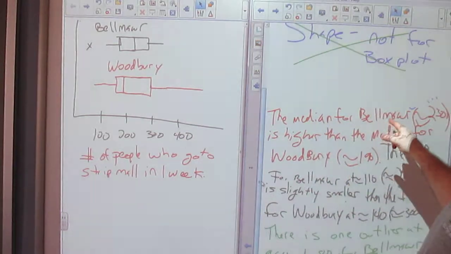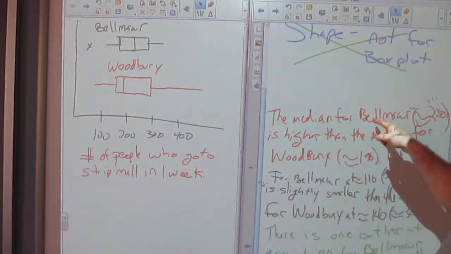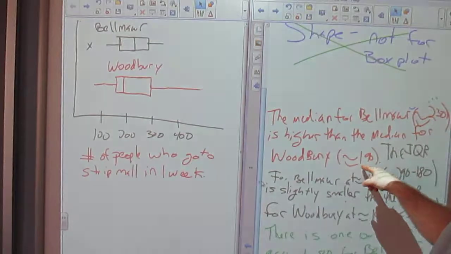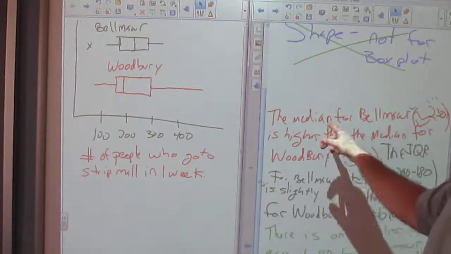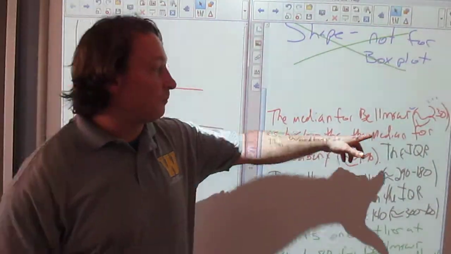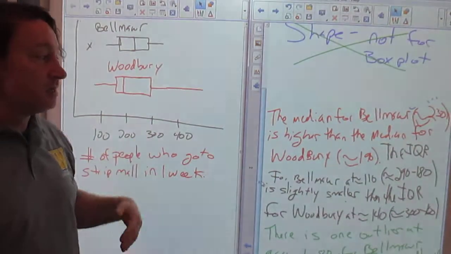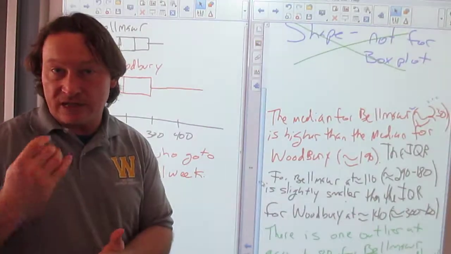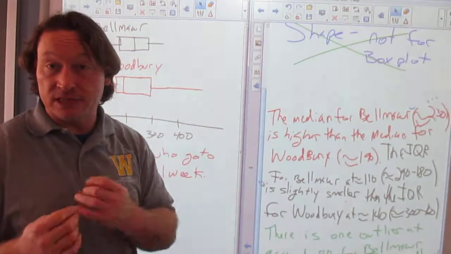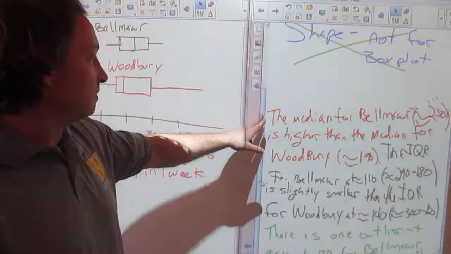The median for Belmar at approximately 230 is higher than the median for Woodbury at approximately 190. So there's your comparison. We're saying that this one's bigger than the other. I'm saying approximately because I don't know that it's 230, it just kind of looks like it. Try not to ever say specifically that the median is this. They take off for that unless you know that it really is that. So that's the first part, for center.